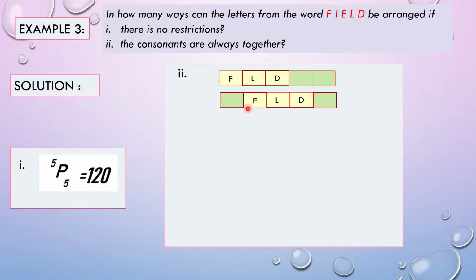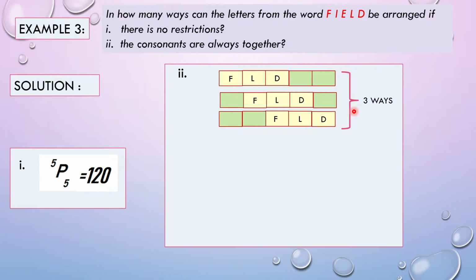This is the first way of arranging, the second arrangement and the third arrangement, so that the consonants are always together. Altogether we have 3 ways to arrange so that the consonants are always together.